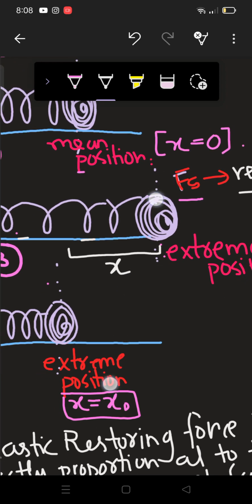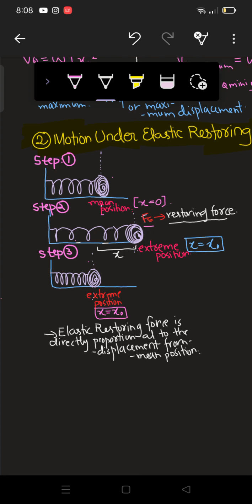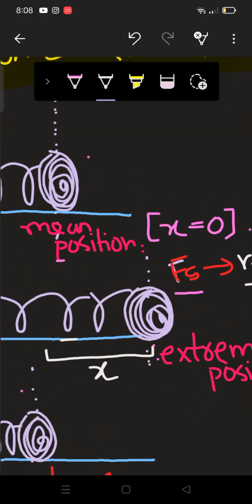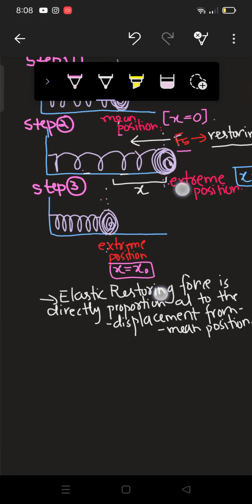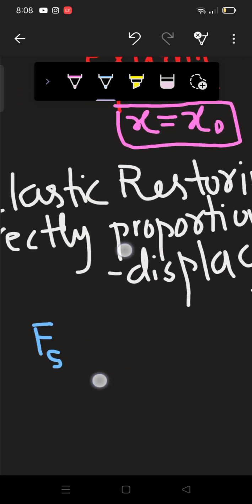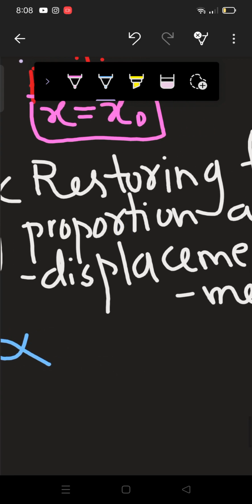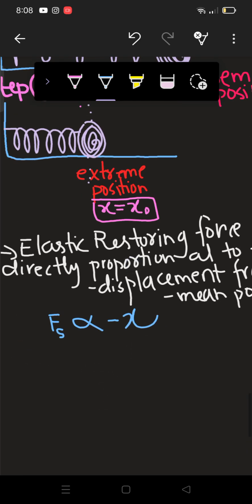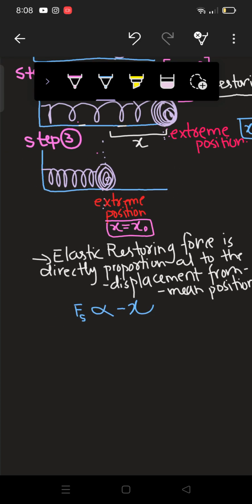And displacement is always taken away from the mean position, and this force is acting to make this body go towards the mean position, which means a negative sign, right? So Fs, the elastic restoring force, is directly proportional to the negative displacement, since displacement is always taken away from the mean position, and this restoring force is making the body go towards the mean position.